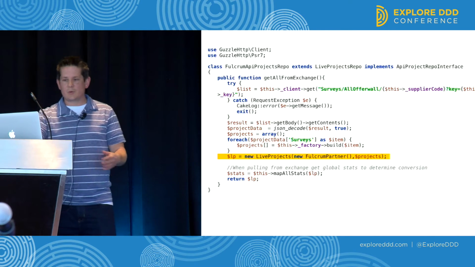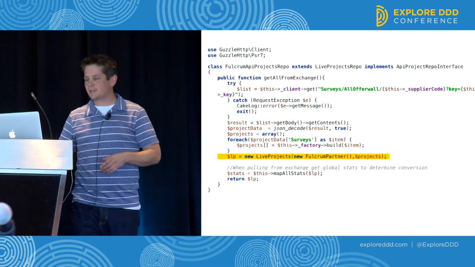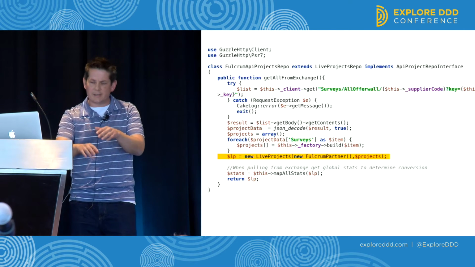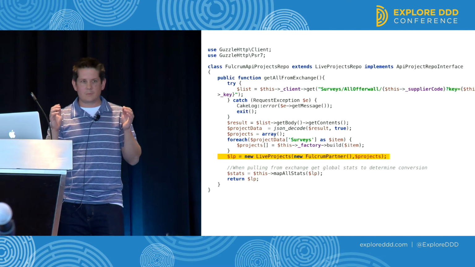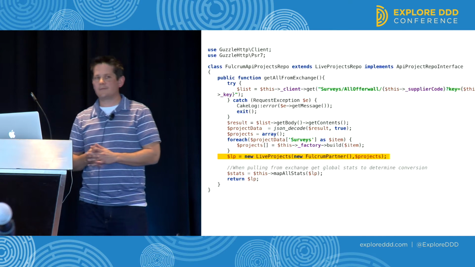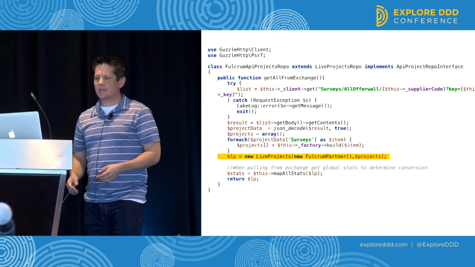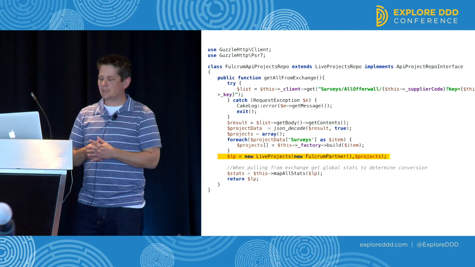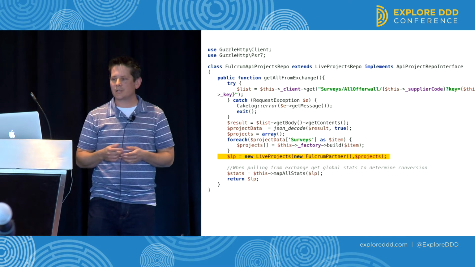And inside the repository, you're basically calling their API, getting a list of surveys and some other data, and the aggregate became an object called live projects. So the get all function returns the aggregate, and the aggregate accepts a partner object and an array of projects.